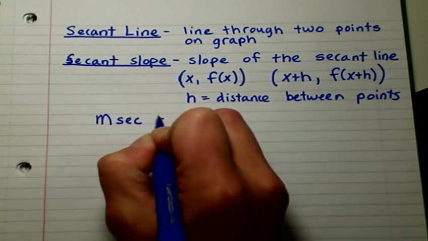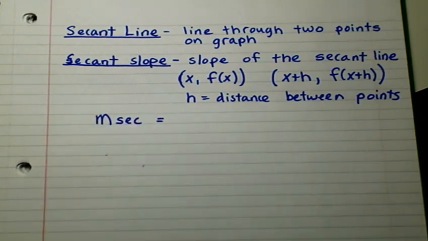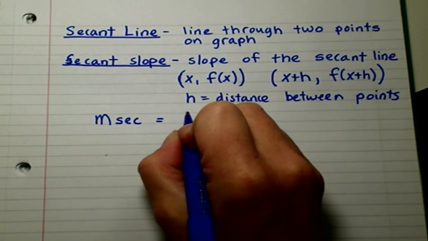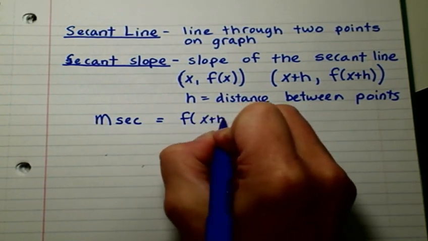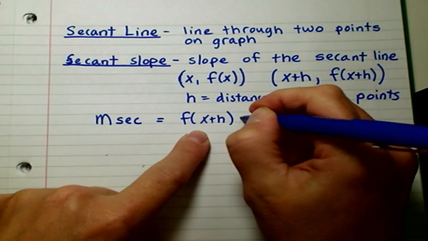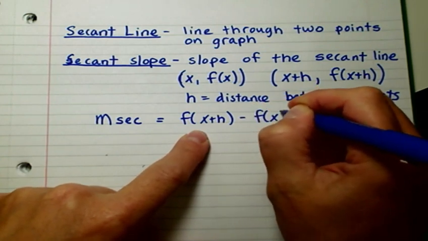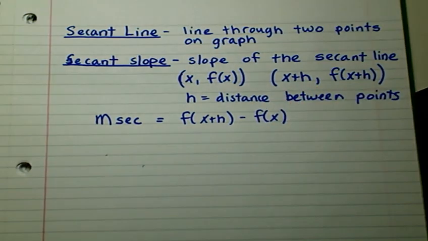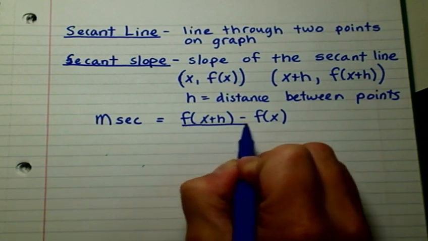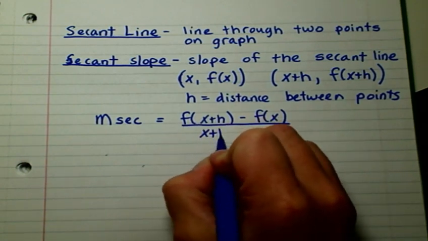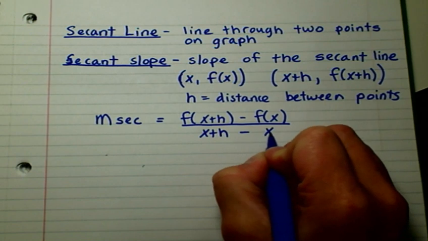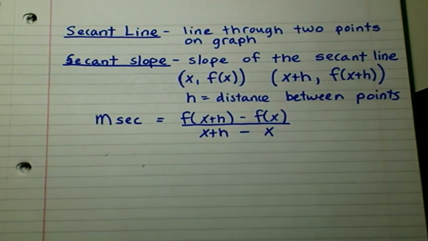Slope secant equals y2 minus y1 all over x2 minus x1. Difference quotient? That stuff you did in your homework?